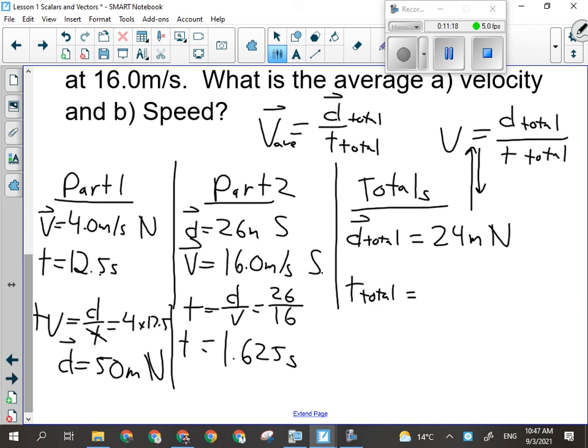If you subtract time, it means you're going back in time. So unless you know something I don't about the nature of time and the space-time continuum, you are not going backwards in time. You're never going to subtract time. All right, so 12.5 plus 1.625 is going to give us 14.125, right? I probably shouldn't do math in my head, but I did.